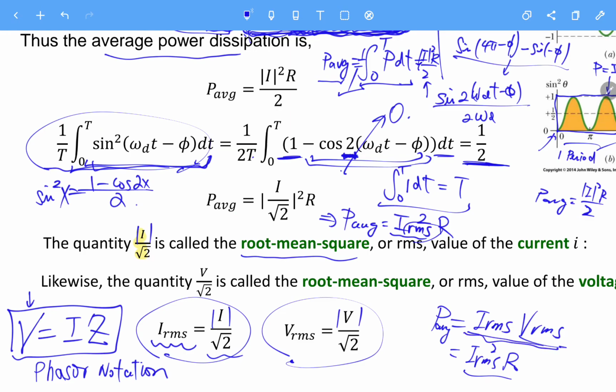Yeah, so it also matches when we have a DC source, where we have P equals I times V. If we don't consider the RMS, we need a factor of 1/2. And actually, in the multimeter, what you read is the root mean square value rather than the peak value.